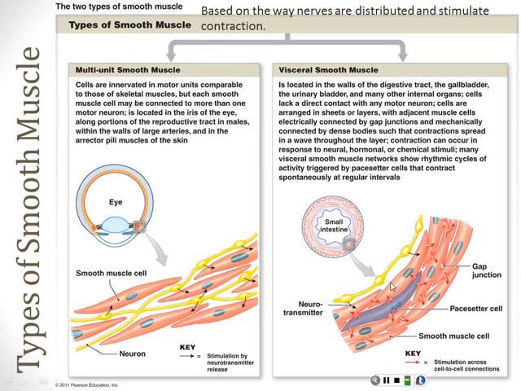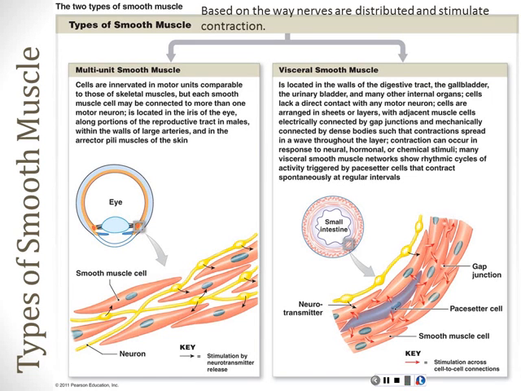We talked about gap junctions and how they allow stuff to go from one cell to another directly. They're like little straws like this. So a change in this cell can be passed to the next cell without having to go out into the extracellular environment. Well, visceral smooth muscle has lots of those gap junctions.